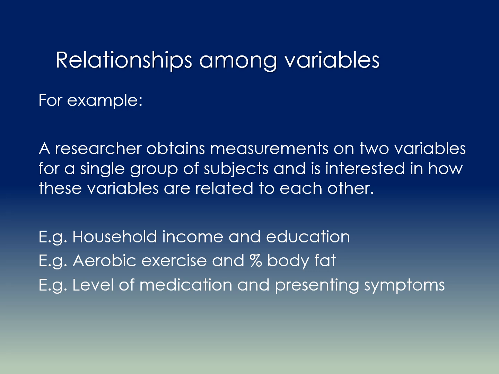We might be interested in the association between the level of medication that one has and the presenting symptomology. And so we see that with some of these things, if one of the variables goes up, the other one might also go up. In some cases, one variable might go up and the other variable might go down. And so this is what we talk about when we talk about relationships. How does one variable, I like to call it, dance with the other variable? And we get to that in a little bit later on when we talk about covariance.